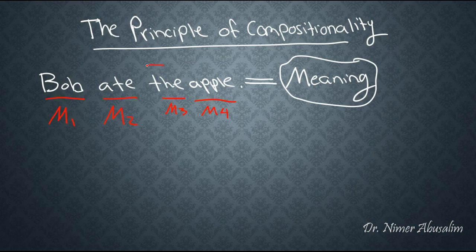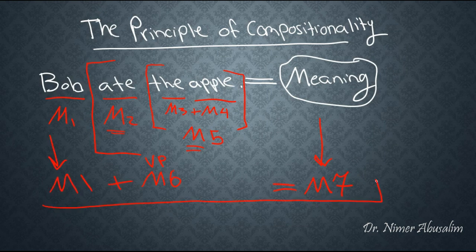So we know that the meaning of the and apple combine together. M3 plus M4 give me M5. I know that ate, or M2, plus M5 in syntax give me the verb phrase. Let's call this M6. I know that my meaning, or M7, is equal to M6 plus M1.